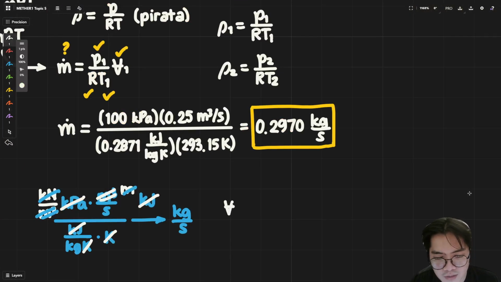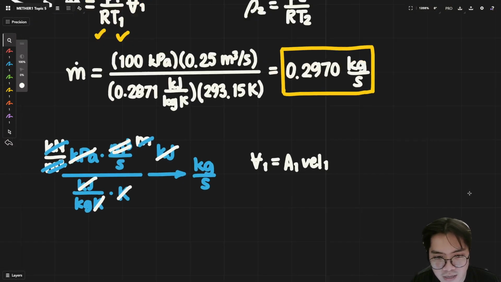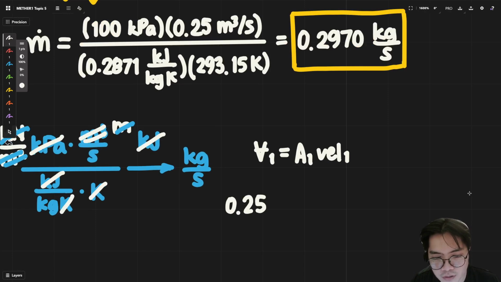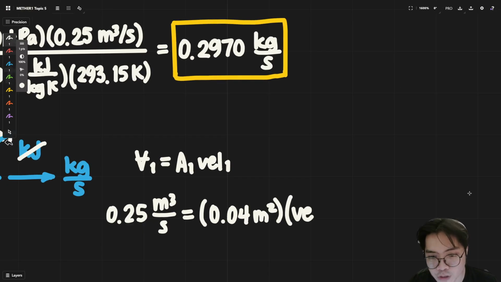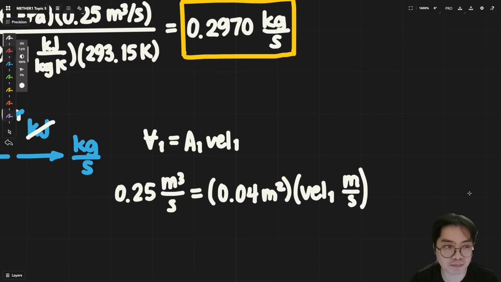So we know that V dot 1 is equal to A1 times vel1. So we can just say 0.25 meter cubed per second is equal to 0.04 meters squared. And then our velocity in here, I will assume, is in meter per second. And in fact, it does work out.